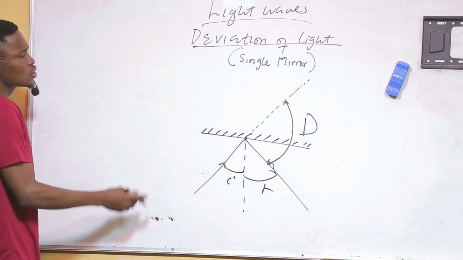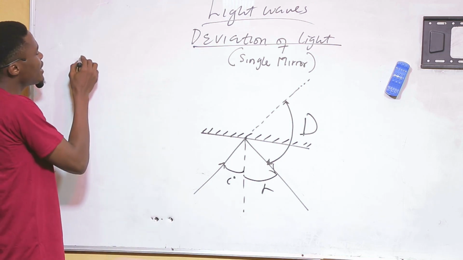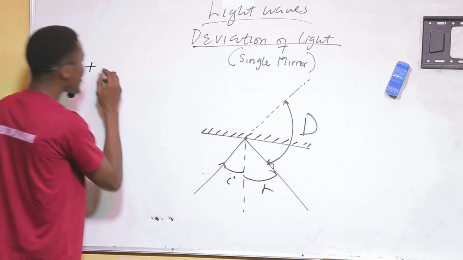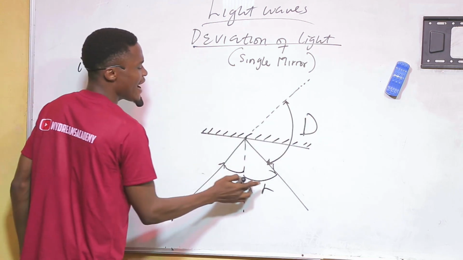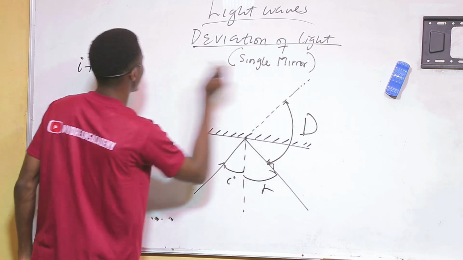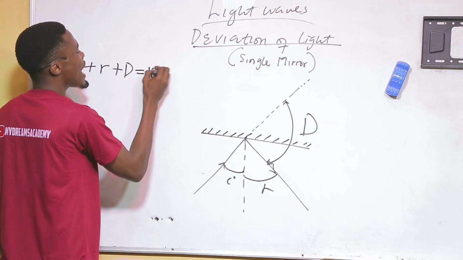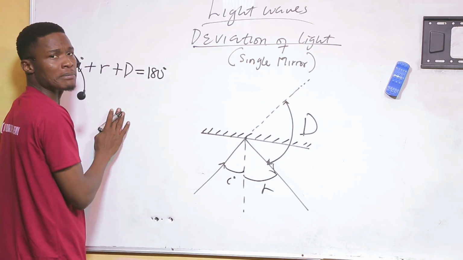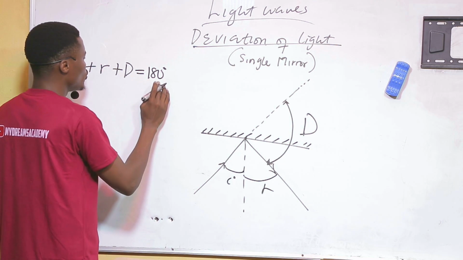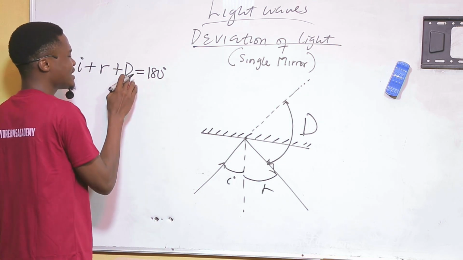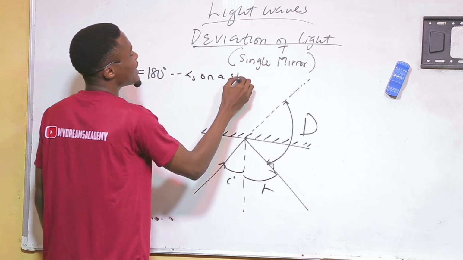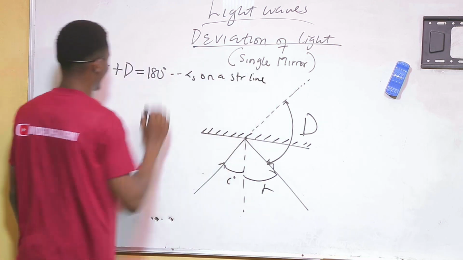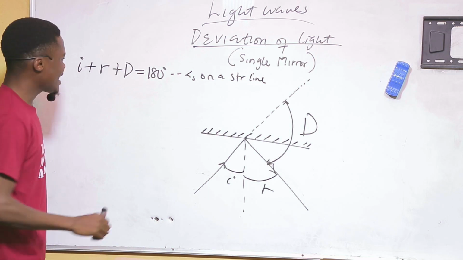So if I say I plus R plus D, because I, R, and D are on that straight line, they will sum up to 180 degrees. So the mathematicians, you can help me. You know that I plus R plus D is 180. Reason: angles on a straight line.